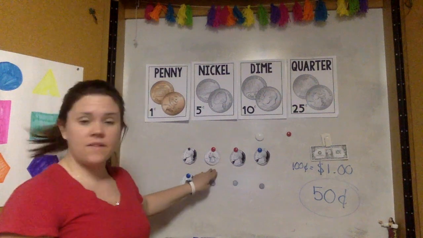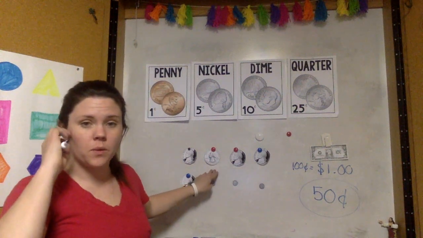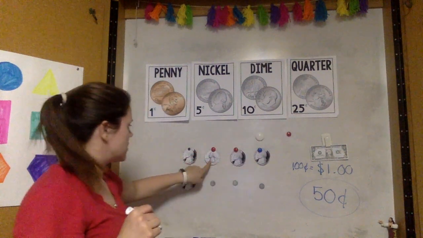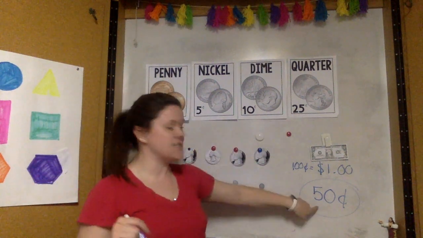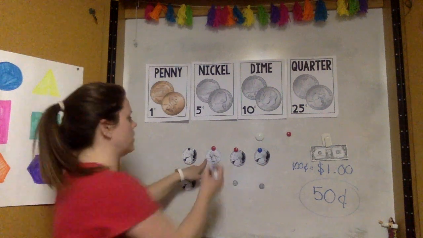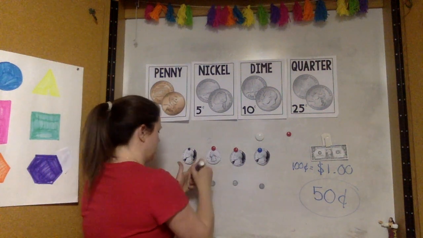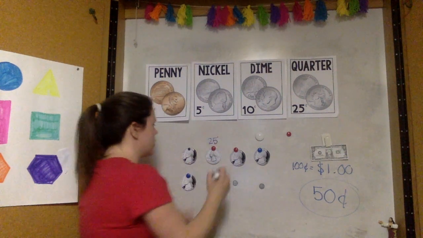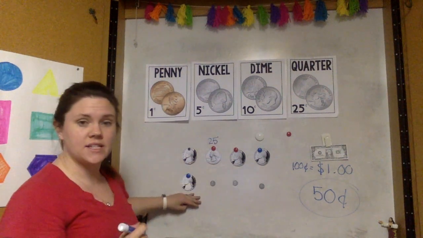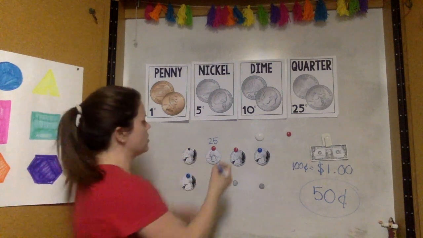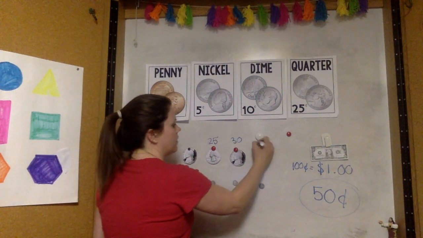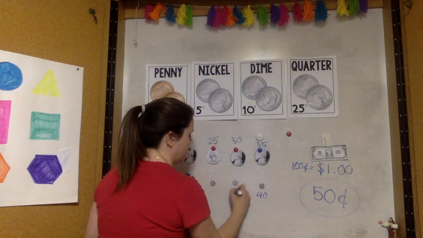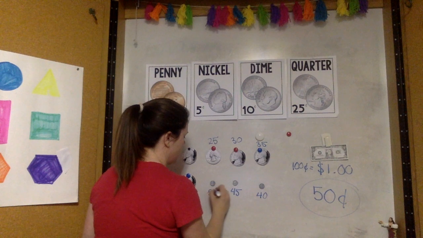So, what have I always told you guys before? When we start out counting, it's good to start with our highest value, right? And then continue counting. So, 25 is less than 50. So let's start with 25, right? We want 25. My blue marker. We want 25, right? 25, and the rest are all nickels. So let's count out by 5s from 25. 25, 30, 35, 40, 45, 50.